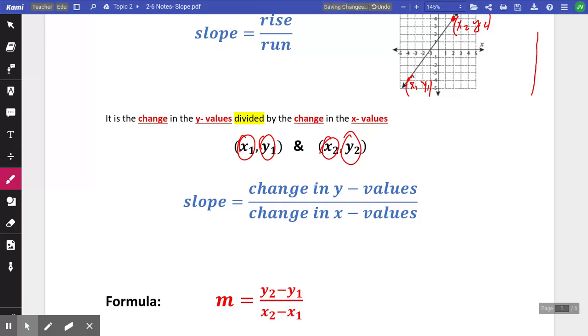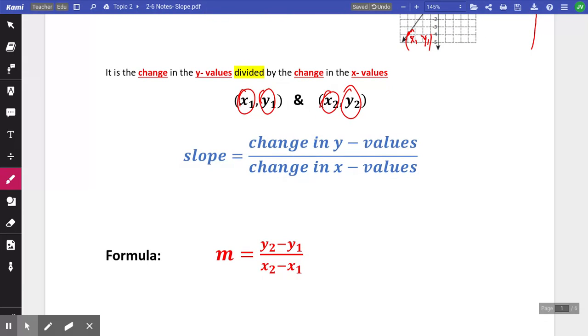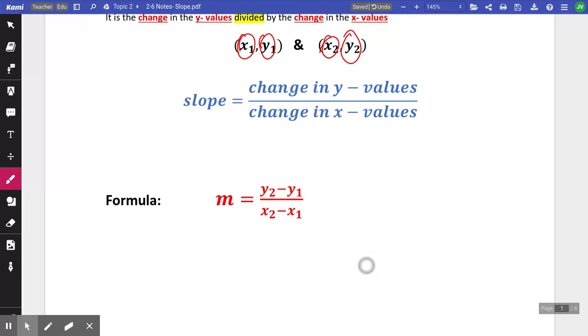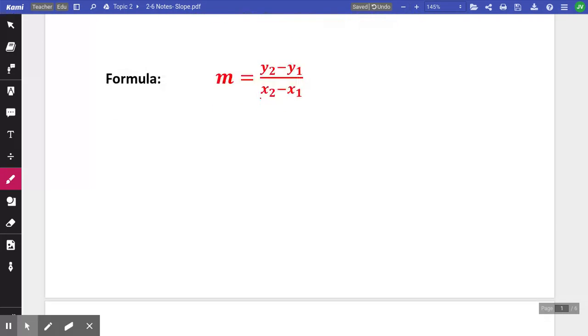All right, we'll look at specific examples to understand it better. So the slope is the change in the y values over the change in x values. And the formula to calculate the slope when 2 points are given is m = (y2 minus y1) over (x2 minus x1).